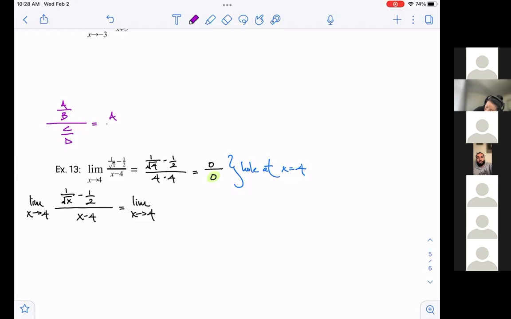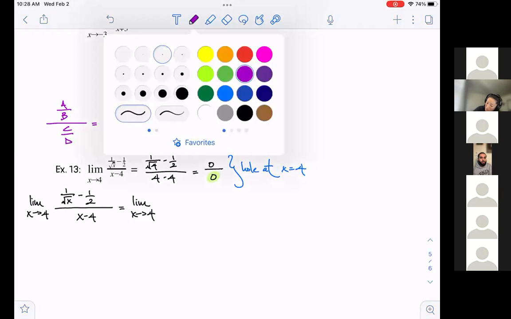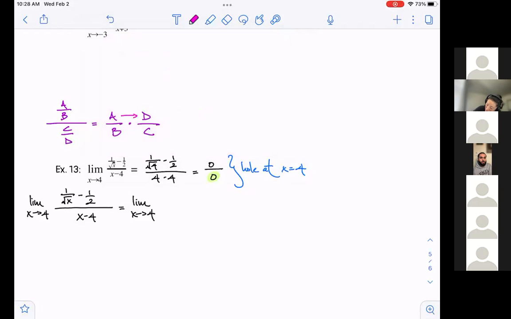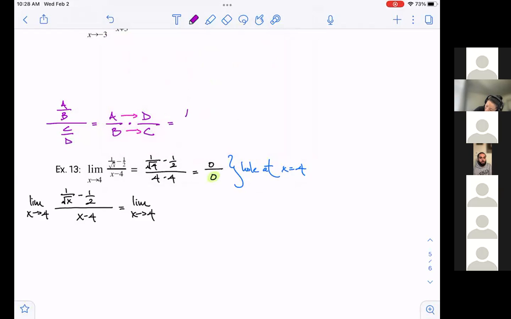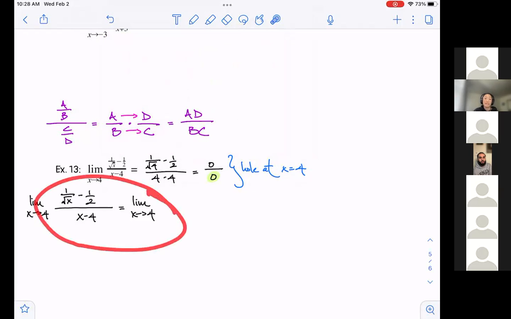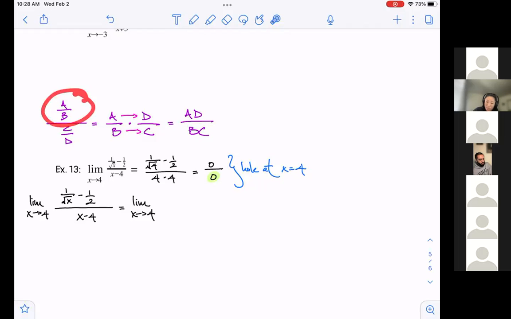So I would have a over b times d over c, right? And then, because I'm multiplying fractions, I'm going to multiply straight across, and I'm going to get ad over bc, right? So that's the trick we're going to use to help us with this slightly different way of looking at it. And in order to use this trick, I need the numerator to be a single fraction.